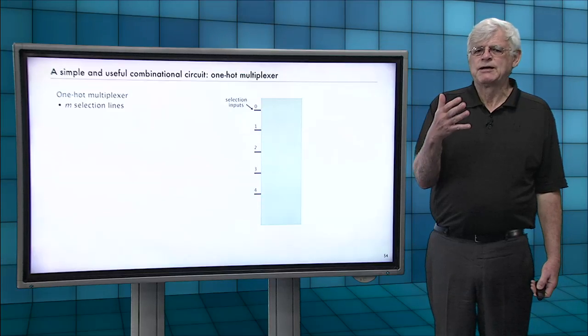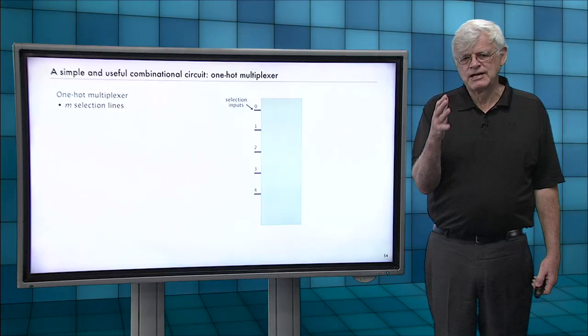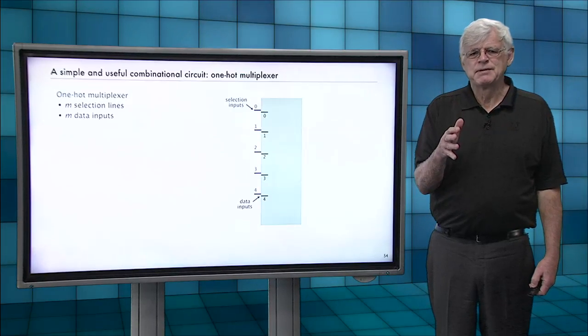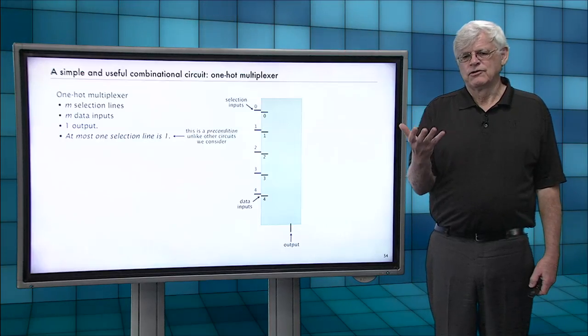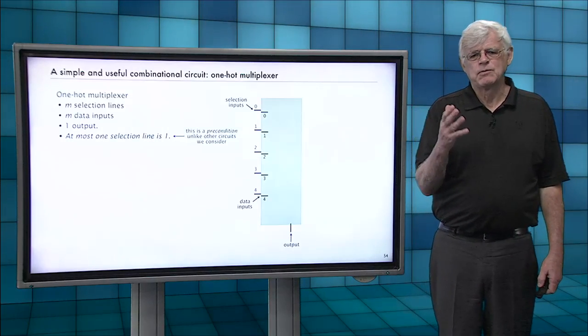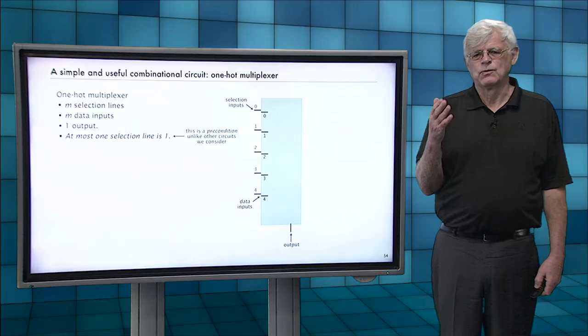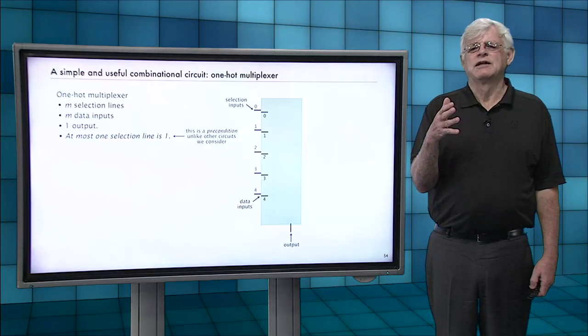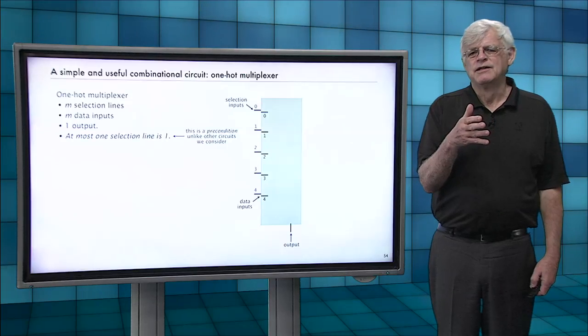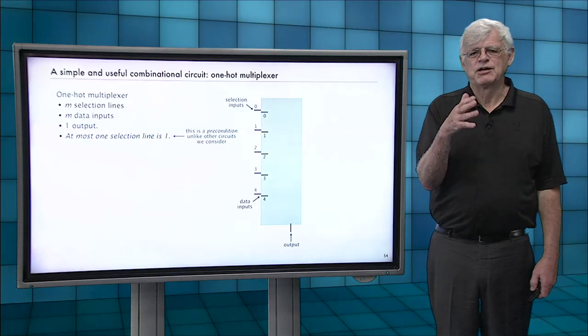The idea of a one-hot multiplexer is that there are M selection inputs, M data inputs, and exactly 1 output. There's a precondition that at most one of the selection lines is 1. Eventually these lines come up from a decoder, so we can be sure of that, but we're not going to consider all possible inputs.